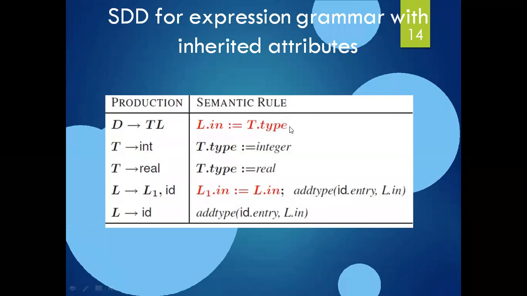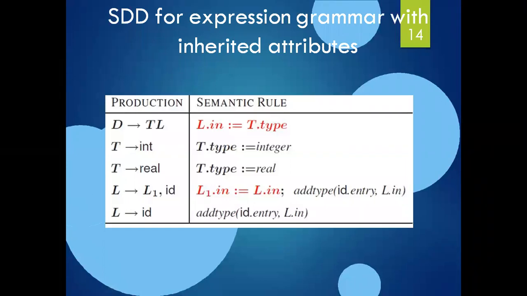Make a note of this. In inherited attributes, we are processing in a top-down manner. That means here we are using pre-order traversal and a function like add type. See here we have add type or enter type; in some textbooks it may be enter type, and in some textbooks it may be add type. Both functions are the same.